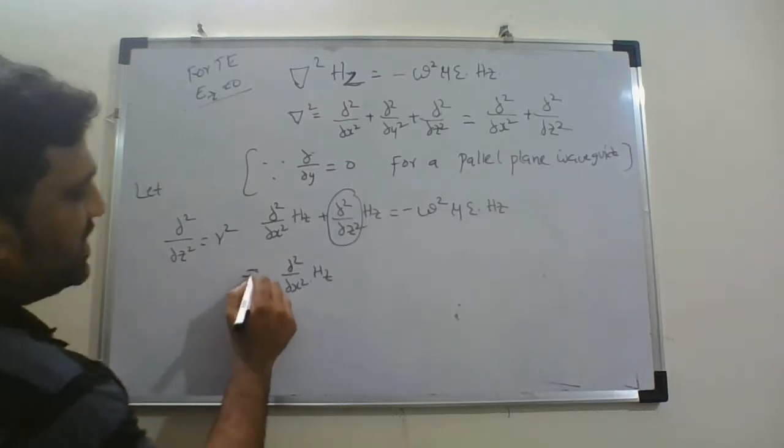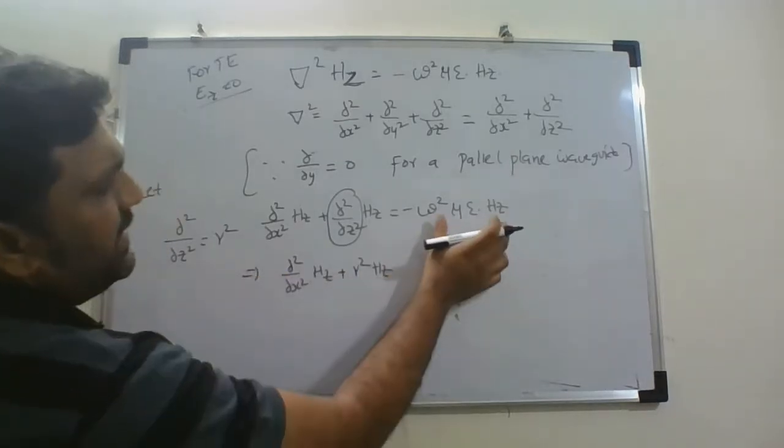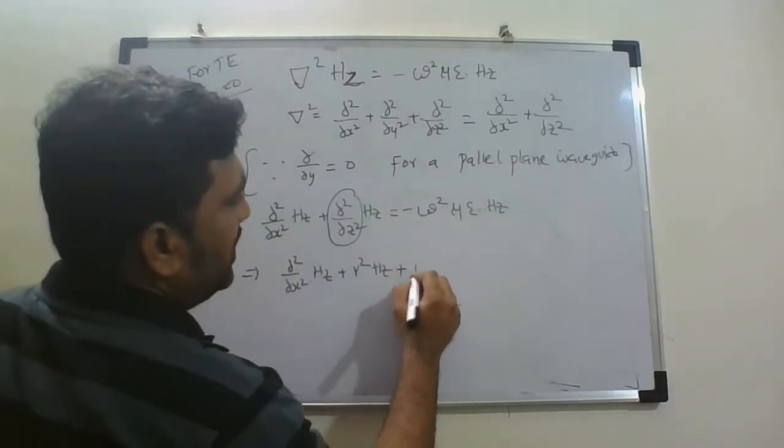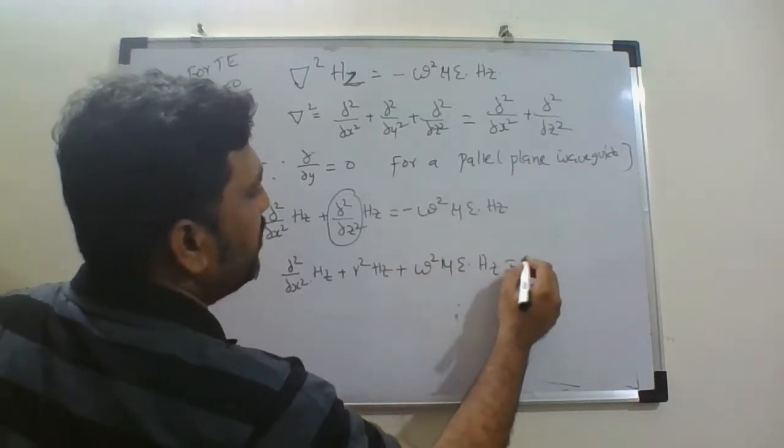So I can write this as gamma square into Hz, and let this term also come to this side, so we get omega square mu epsilon into Hz is equal to 0.